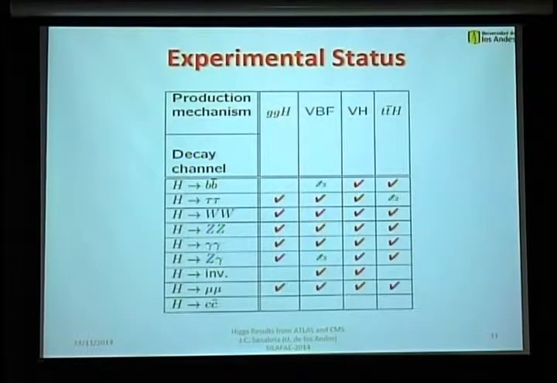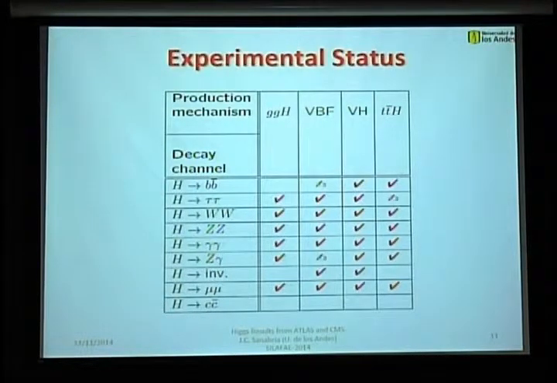In order to put some order to the search for the Higgs and the properties of the particle, one could make this kind of chart. In these columns we have the main production mechanisms: gluon-gluon fusion, vector boson fusion, association with a vector boson, and t-tbar pair. And in these rows we have the main decay channels.